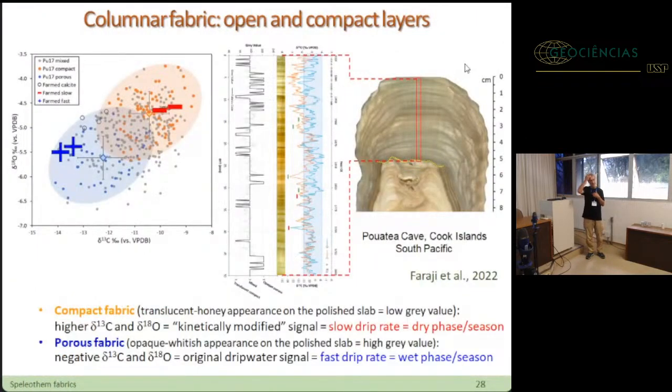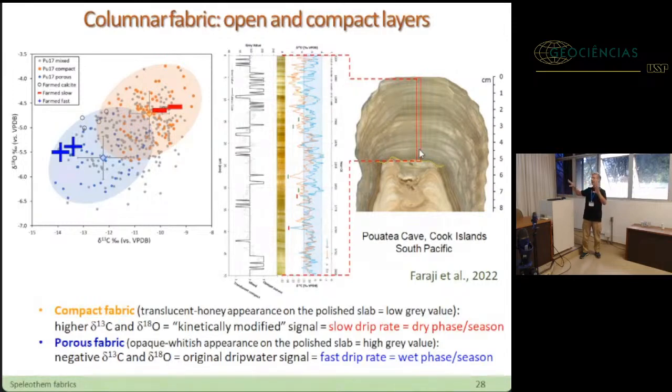And this is one of the examples. This is from Frisia et al. 2022. It's a modern speleothem covering the last 400 years, and you can see these bands of compact and more porous open fabric. And these are the stable isotopes. In red we have carbon and oxygen, and we just use the end members because in some cases the stable isotope sampling is in between two different layers.